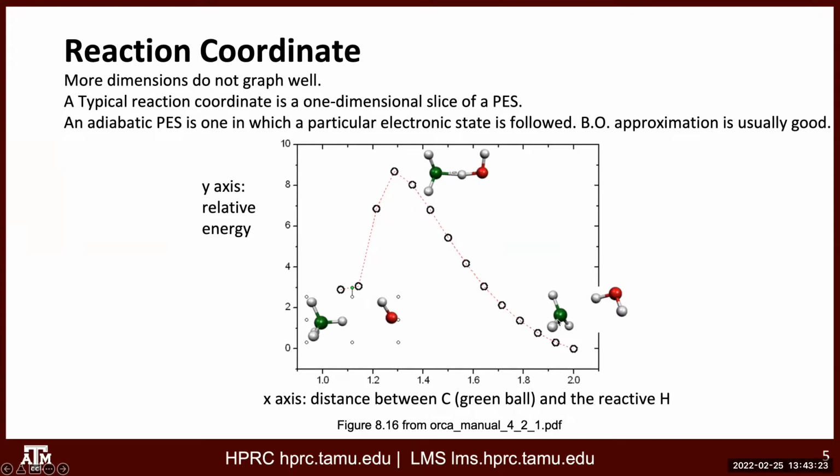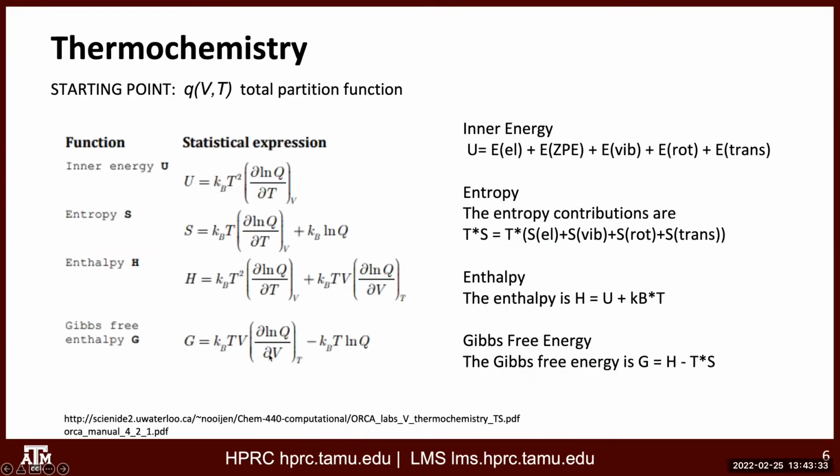So this is a reaction of the abstraction of the proton to form CH4. And the y-axis is just the relative energy. So the potential energy surface is more of an inner energy.